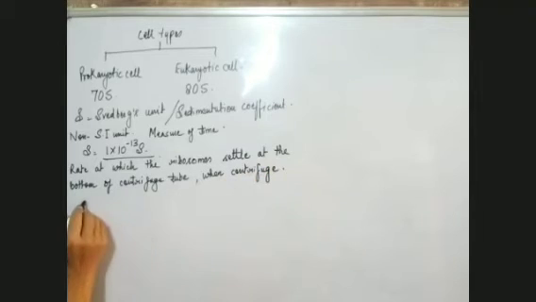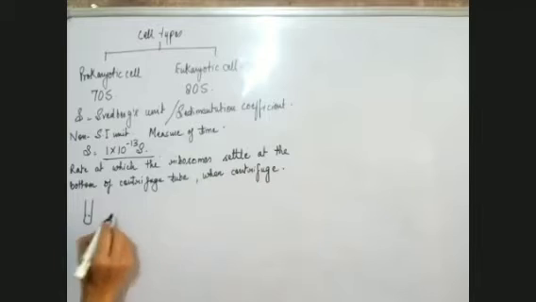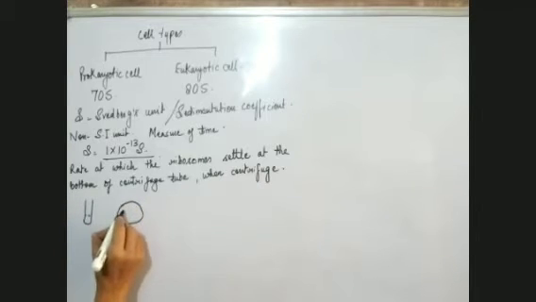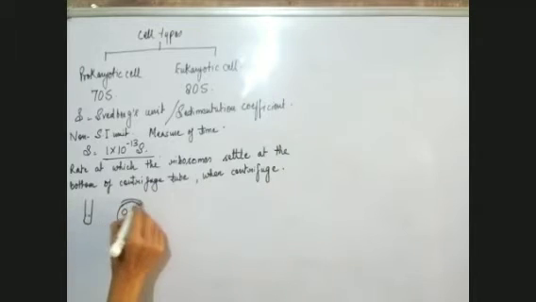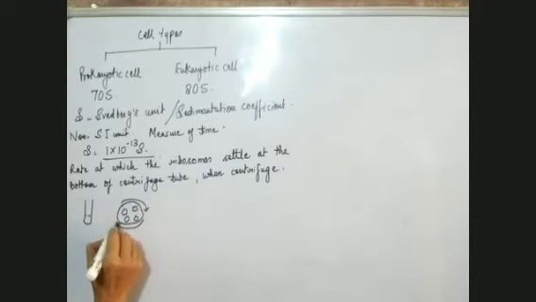That means when these are taken in a test tube and rotated in a centrifuge machine, these test tubes are inserted in these circles and rotated at a very high speed. What happens? They settle at the bottom. Now the rate at which they settle at the bottom of the centrifuge tube is known as Svedberg's unit.